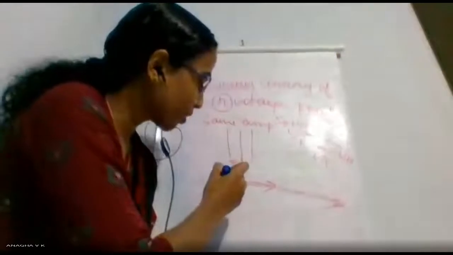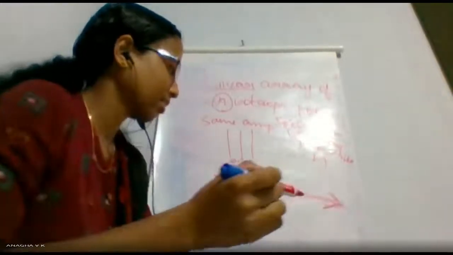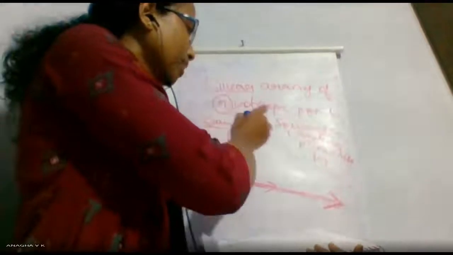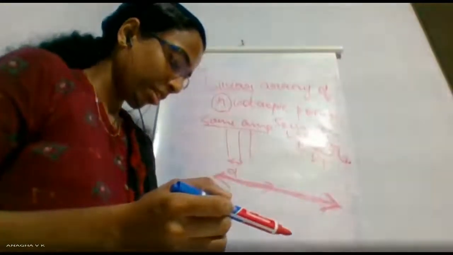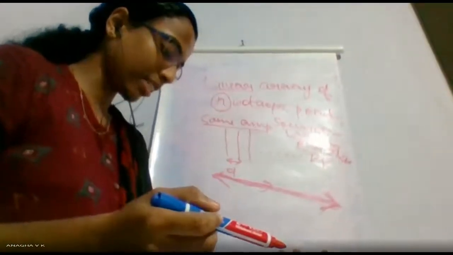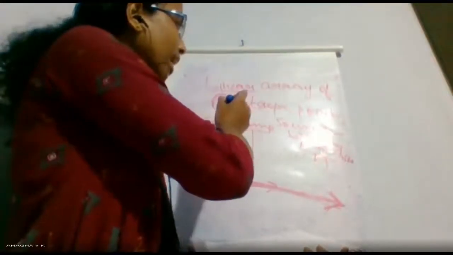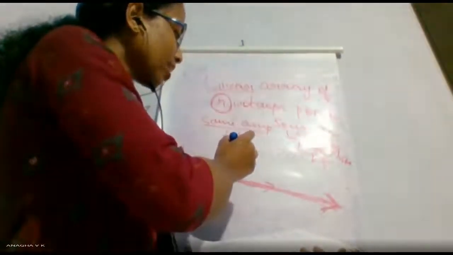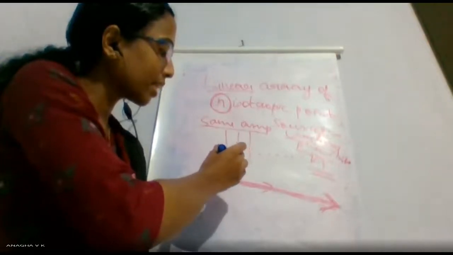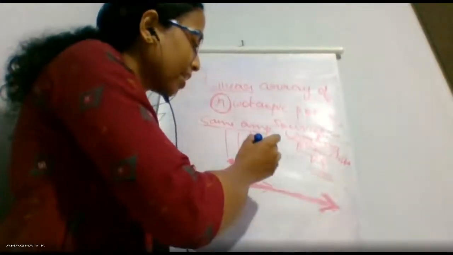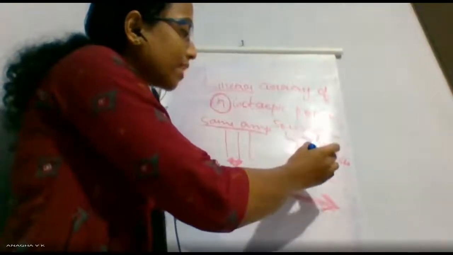Therefore, in a linear array of N isotropic point sources, there are N elements which are equally spaced in a line, with equal amplitude and uniform phase shift.